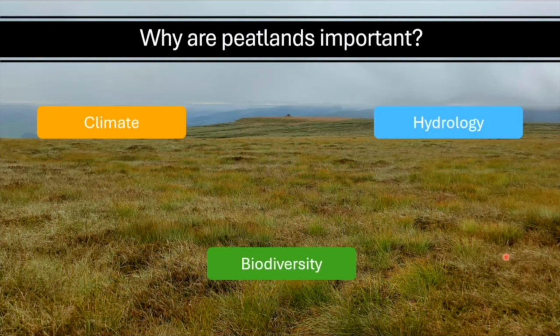And that's usually where the focus of peatlands is. But they're so important for so many other reasons. They can help regulate water quality. In the UK, about 70% of drinking water comes from upland, peatland-dominated catchments. They're also very good at slowing the flow of water down a catchment, and that means they can help with flood risk management.